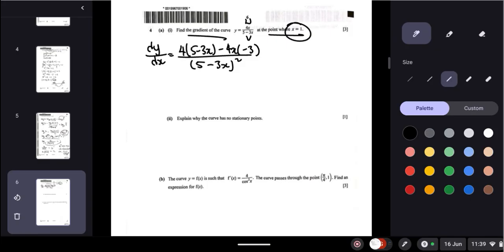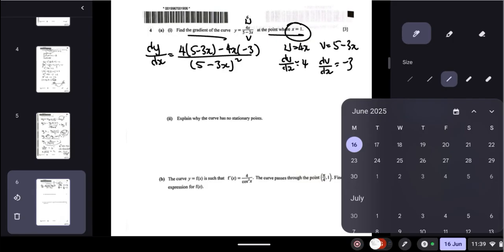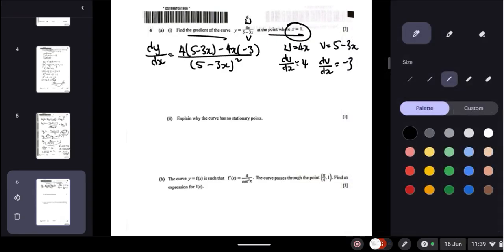Basically I write u and v here, and I differentiate this one part only. To make it simpler, let's differentiate this part first. Just minus 3. When it's product rule, I do this first, then this. Now if it's quotient rule, I do the opposite. Do from the left to the right.